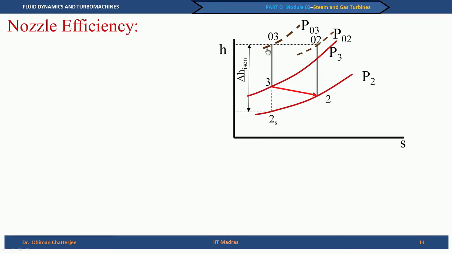P03 corresponds to total pressure and 03 corresponds to the stagnation state, and 02 corresponds to the stagnation state at the exit of the nozzle. The corresponding pressure, please note, is P02.